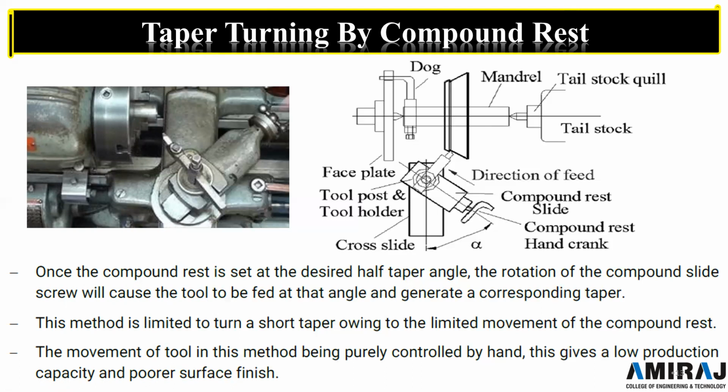Here you can see the hand wheel is used for the compound rest movement, and it is a manual machining process. This gives a low production rate and poor surface finish. Due to feed given by hand, the surface finish gets affected and the production capacity also goes down.